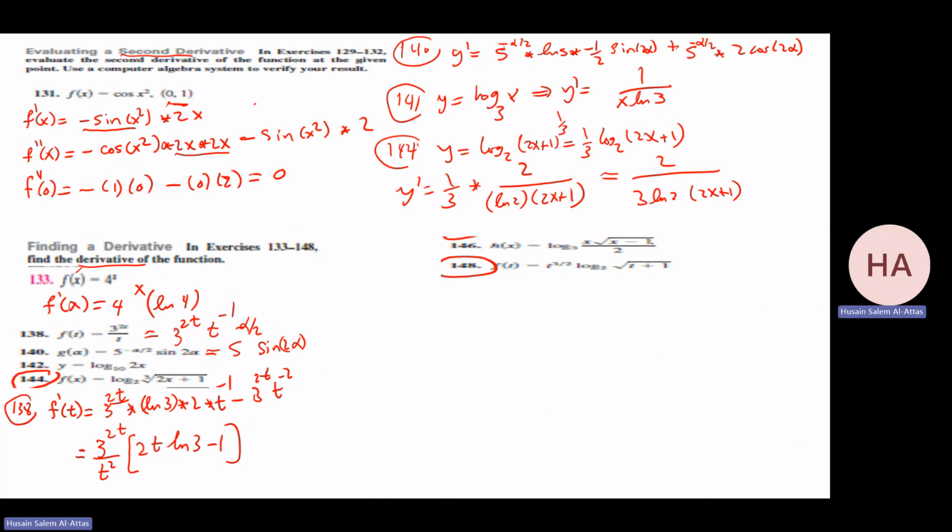This is 146. This is what? You can simplify it as a log with the base 3 of x plus half log base 3 of x minus 1. Yeah, let me write it here. 146. I want to write y first.